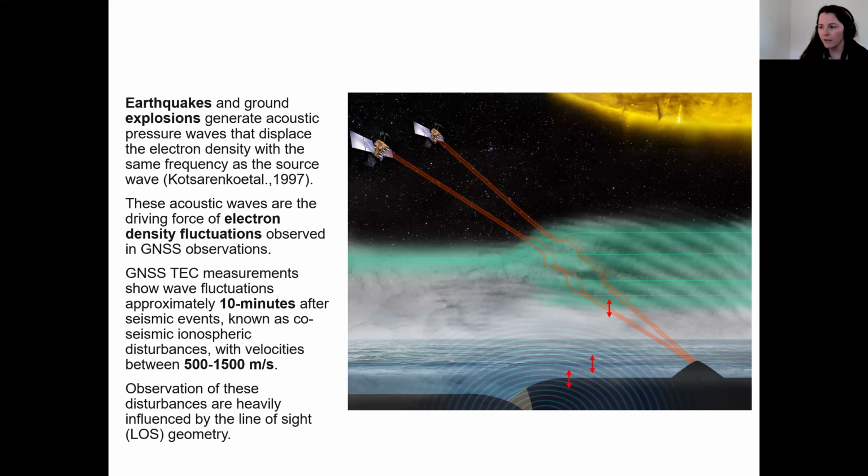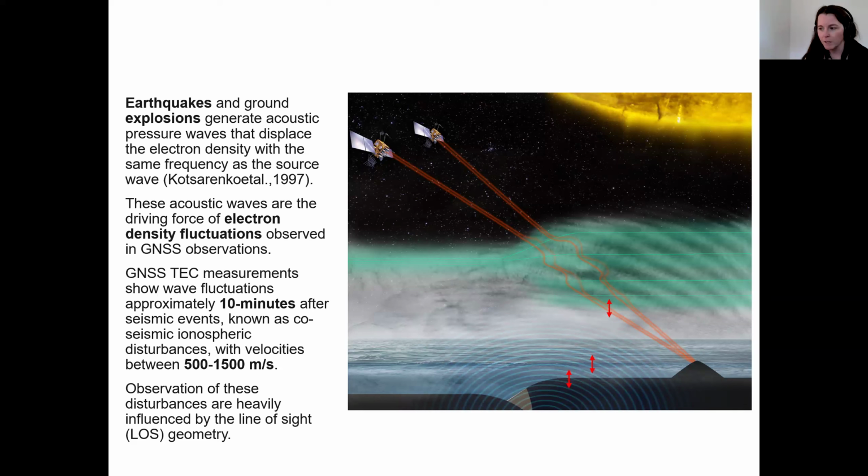It will reach the ionosphere at that 92 thousand kilometer range. And so the pressure wave, maybe self-explanatory, right? This changes densities. And what we'll see is changes of densities along this line of sight. It'll be sudden. It'll happen roughly 10 minutes after an earthquake event.